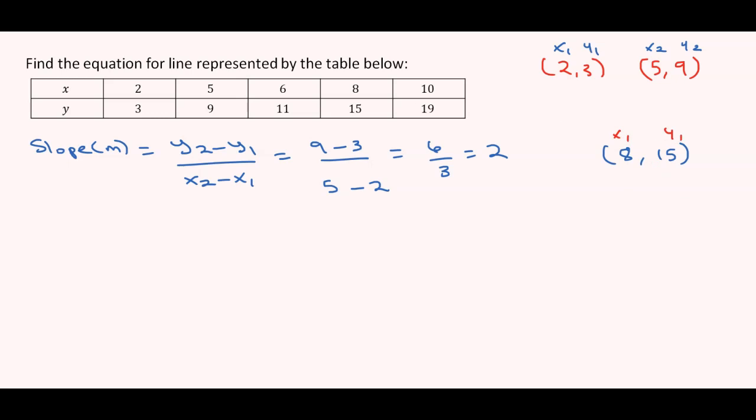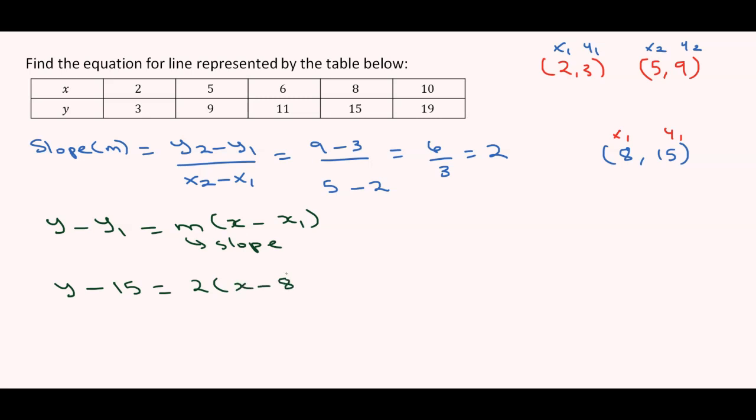Next, we have our formula, y minus y1 equal to m times x minus x1. Don't forget, this is your slope right here. So let's substitute. y minus y1, which is 15, is equal to slope, which is 2, times x minus 8.